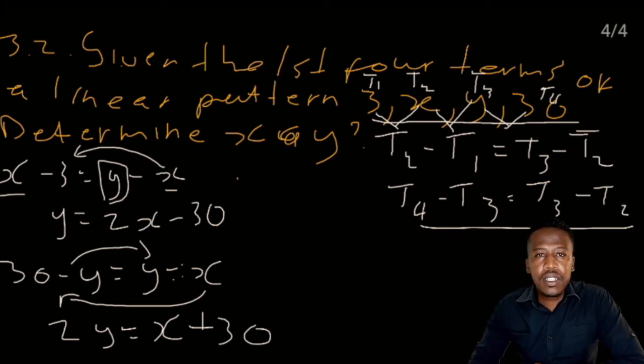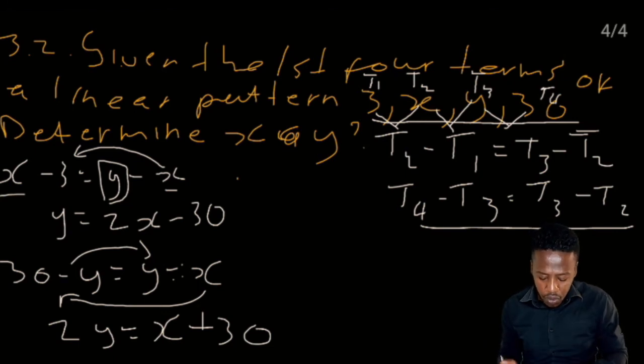Now guys, can you see we have managed to create a situation where we have two unknown variables, and we have learned before that one of the ways to solve two unknown variables is by using simultaneous equations. So we're going to find the values for y and x by solving them simultaneously.